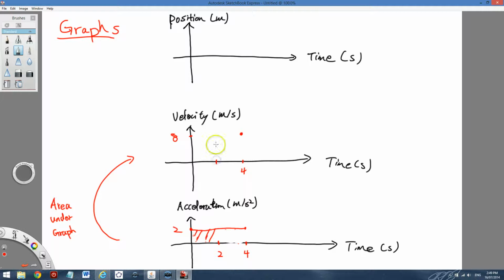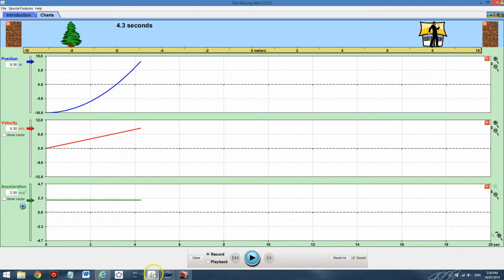So the velocity must be 4 meters per second. So in other words, the area under the acceleration and time graph gives you a velocity. So you can compare it with the graph we have here.